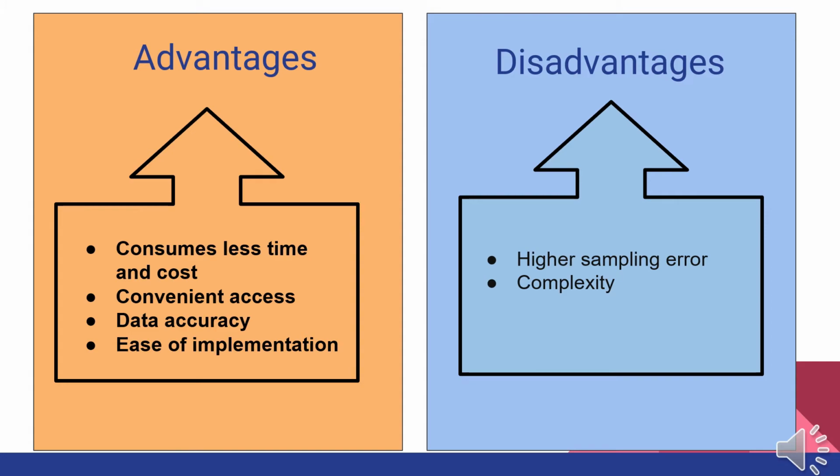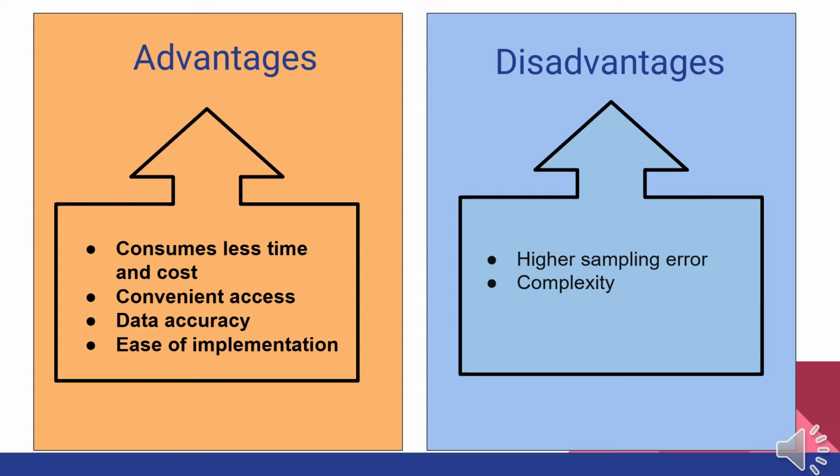Next, we go to the disadvantages of using cluster sampling. There are 2 disadvantages. First of all, higher sampling error. This is the ratio between the variance of an estimator made from the samples of the cluster study and the variance of an estimator obtained from an equally reliable, randomly sampled unclustered study.